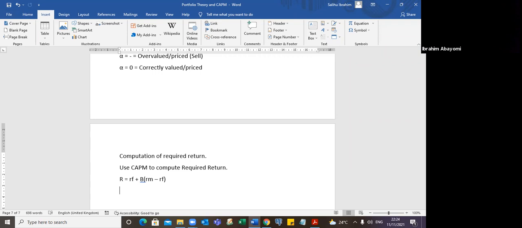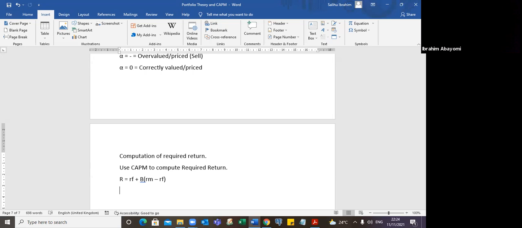Now, beta can be computed in three or even four different ways. Now let's see the various formulas for computing beta. The formula we are going to use will depend on the nature of the information given to you.